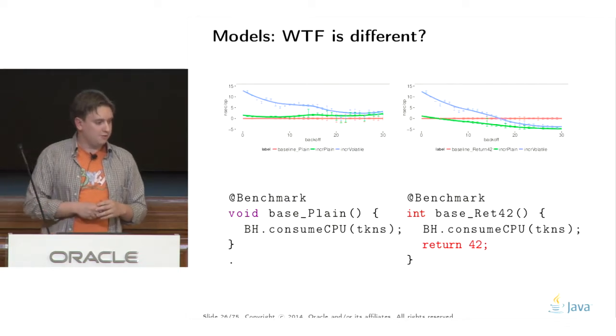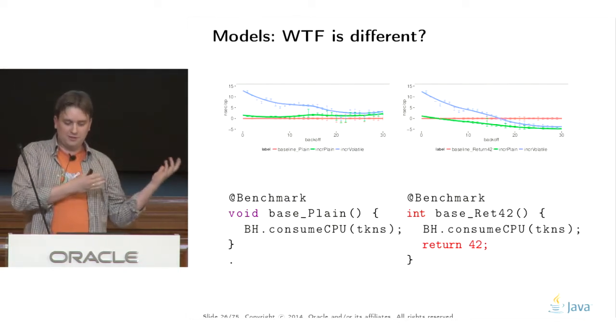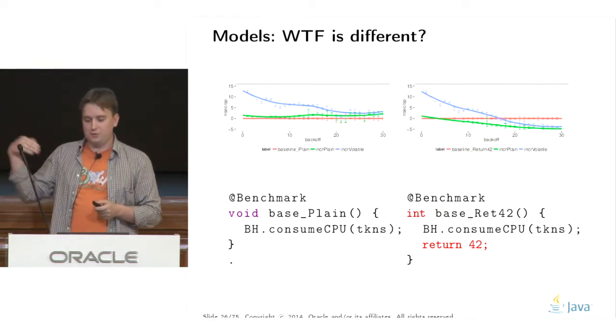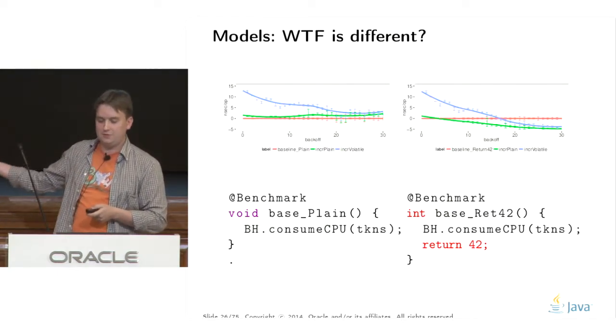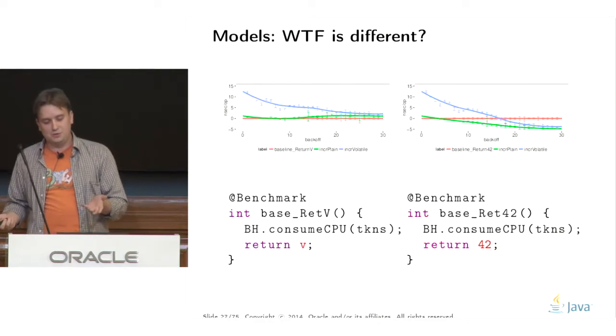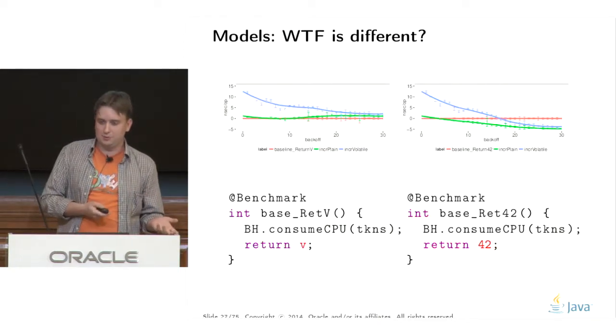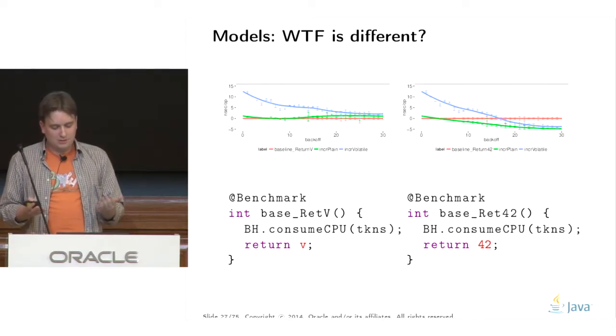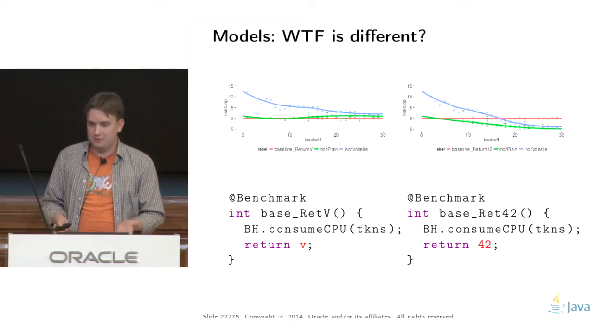So if we have a baseline which does nothing, and it is slower, and we have a baseline which returns 42, and that code is faster, we have the third baseline which returns V, and it's still slower. So you cannot derive any knowledge from this, right?